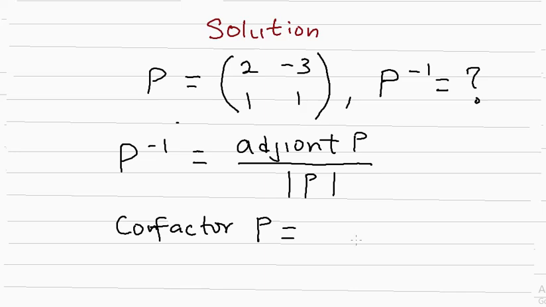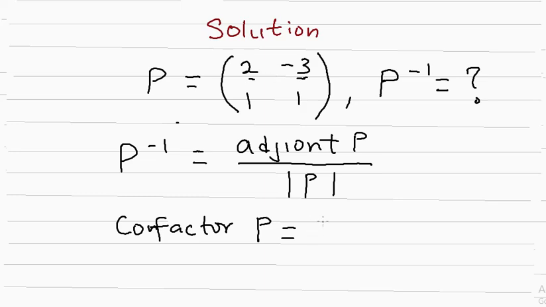The cofactor of P is going to be based on the minor. Each element of this matrix P has a minor, which is the element you get after you cross out the row of that element and the column of that element.